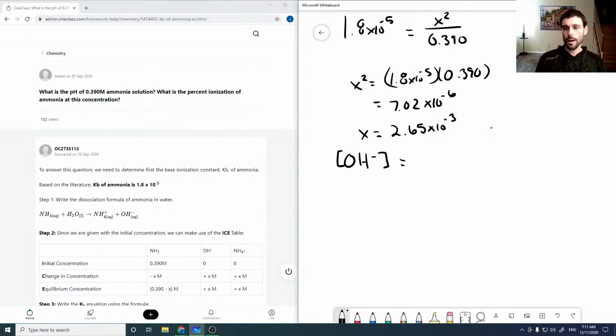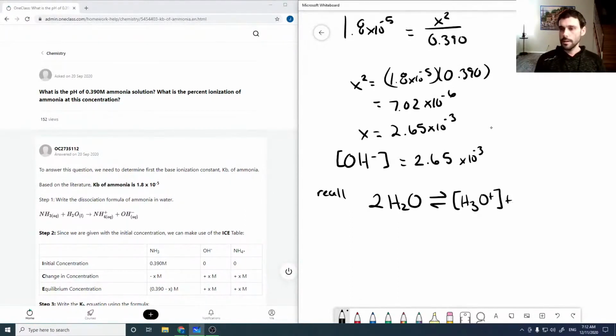but we're asked for pH, which is the negative logarithm of the H plus or H3O plus concentration. So to move this to H3O plus, we can use a few means. The one I'm going to use here is that our water ionization scheme looks like this, right?